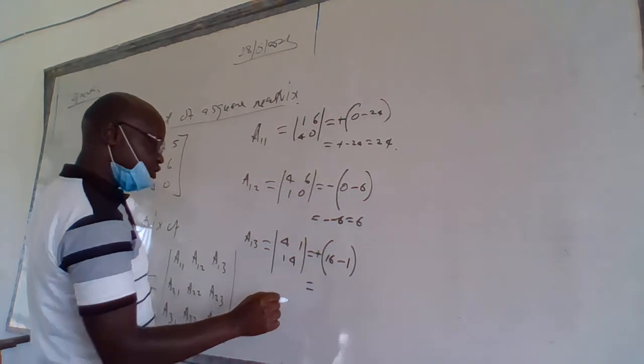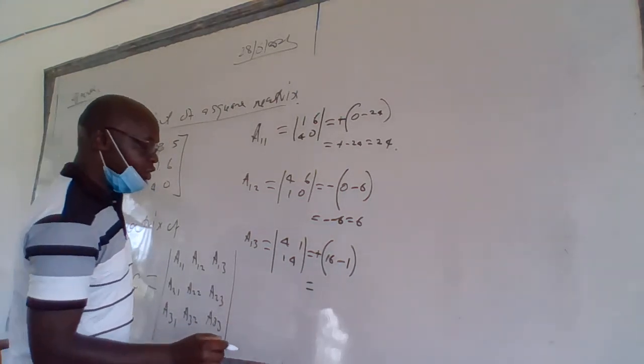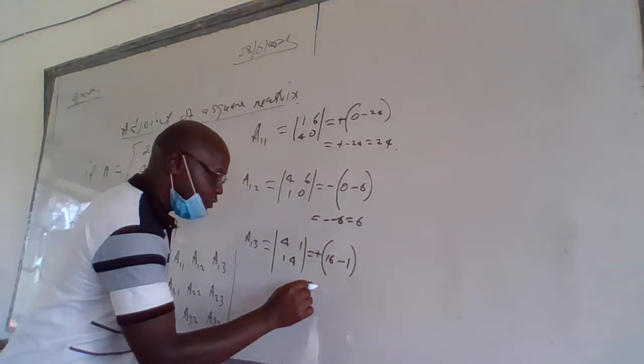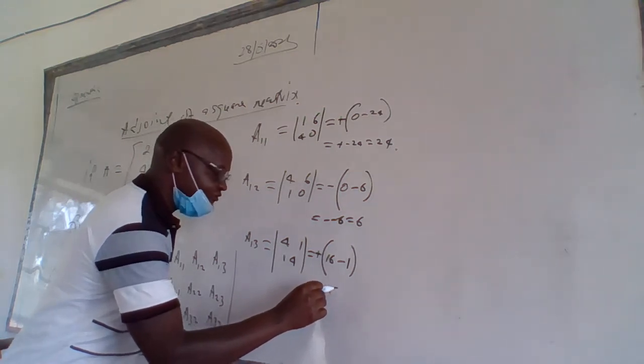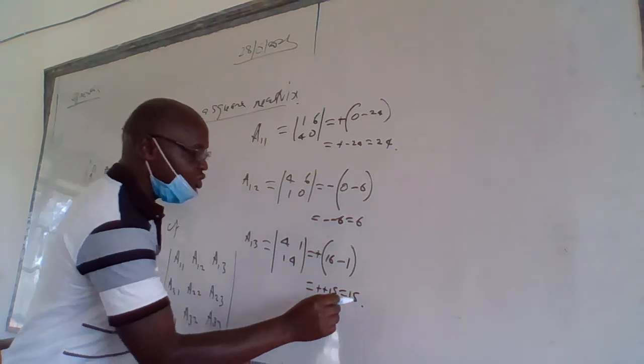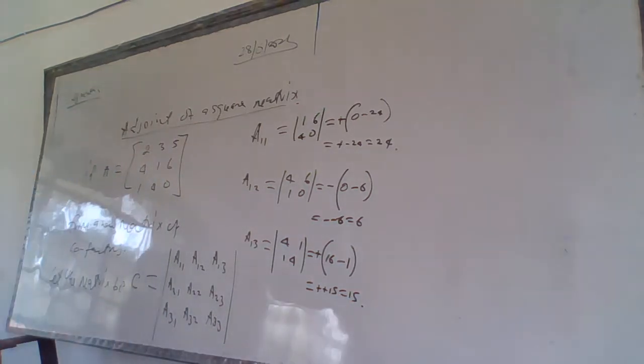So this equals to plus 15, which equals to 15. So we are through the first row.